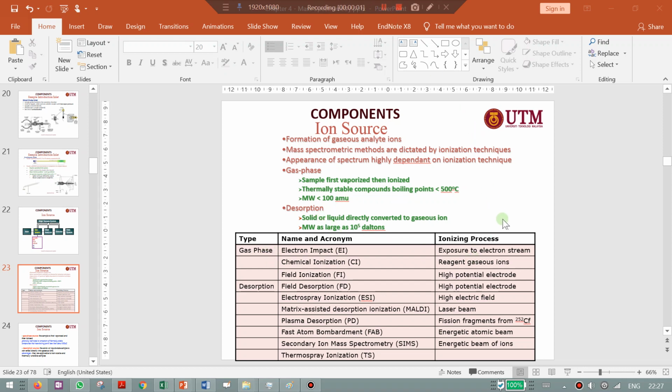If we look over here, for example, electron impact is exposure to an electron stream.